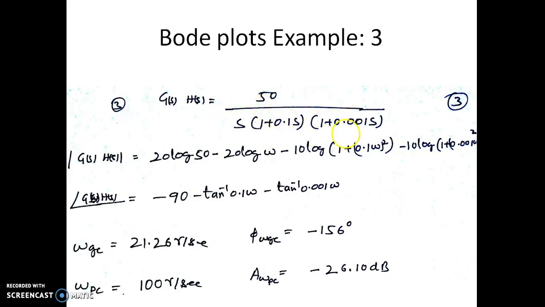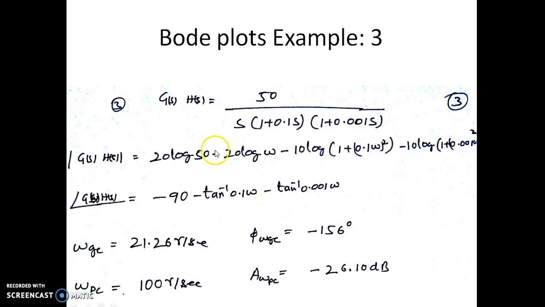So we can directly find omega gc by equating this magnitude to 0. Upon equating the magnitude to 0, we get omega gc as 21.26 radian per second. Upon substituting that frequency into the phase equation, we get the corresponding phase, phi of omega gc, which happens to be minus 156 degrees.